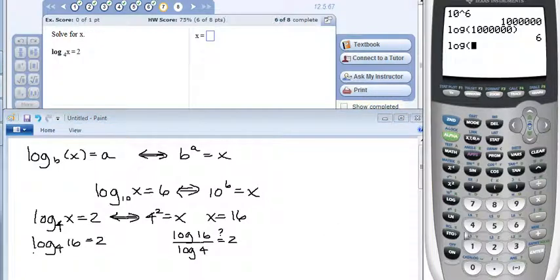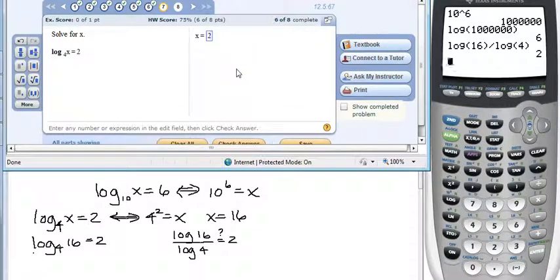I can always use the change of base formula when I've got my answer to see if, indeed, I've done it correctly. Yep, it works. 2. I can't check it with the log base 4 because I don't have that button, but I can always use my change of base formula to see if that's the answer. It was 16. It works.